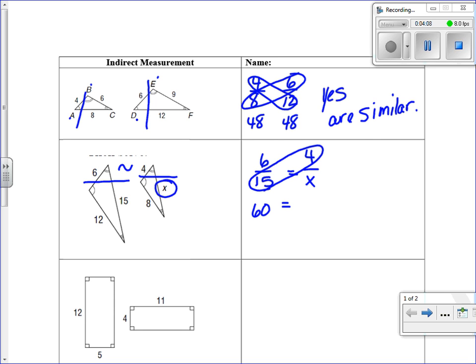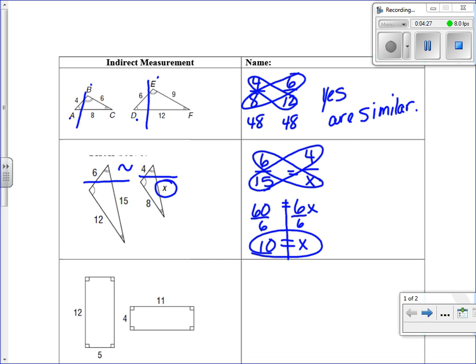And that's going to equal 6 times x, which is 6x. I divide both sides by 6, and x will equal 10. And that will be my answer. So now we figured out the length of the missing side.